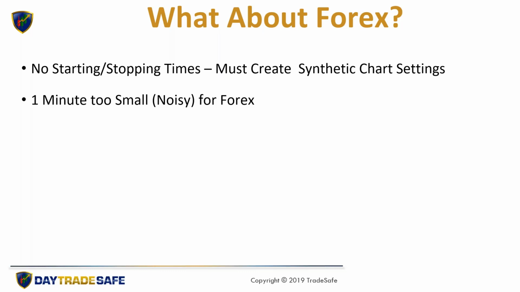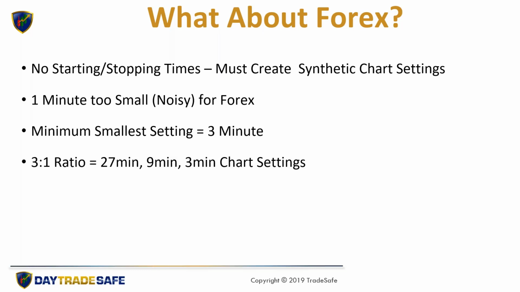A 1 minute chart for the Forex, frankly, is too small a setting. It's very, very noisy, statistically speaking. I recommend that you step up at least to a 3 minute, and then keeping that 3-to-1 ratio, try a 3, a 9, and a 27 minute. And then don't do scalping, only use a scale out exit strategy.